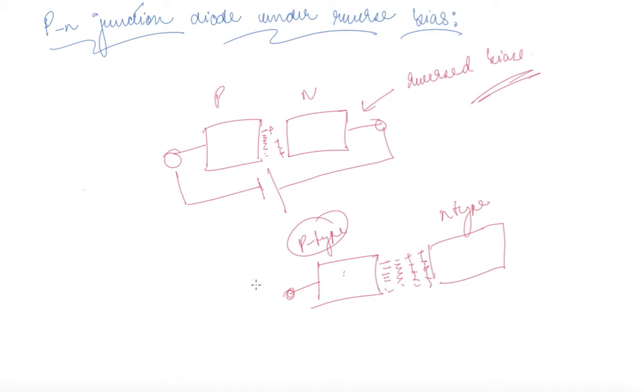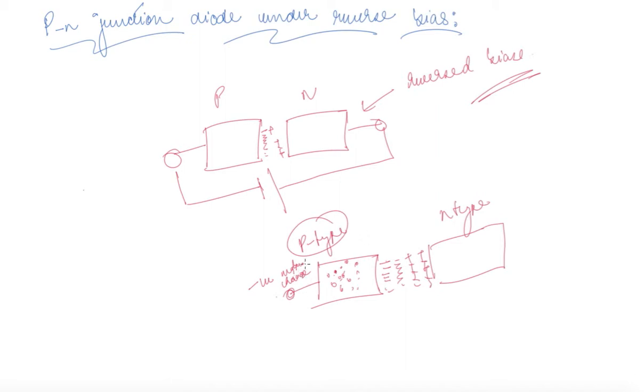Now if I put a negative charge over here, then what I can see is, now this was neutral. There were electrons over here, and there were holes over here. It was equally distributed and it was in steady state.